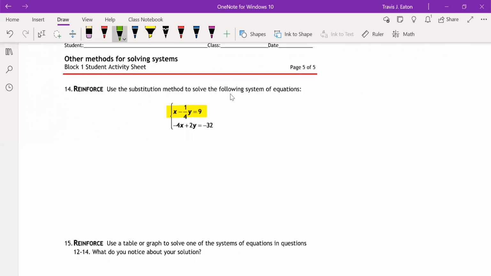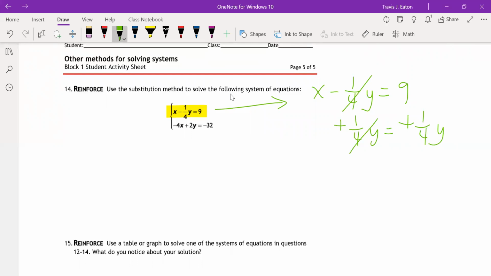So I'm going to go over here. And because this is x minus 1/4 y equals 9, if I add 1/4 y to both sides, then these cancel each other out on that side, telling me that x is 9 plus 1/4 y.